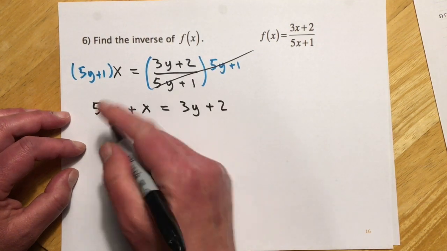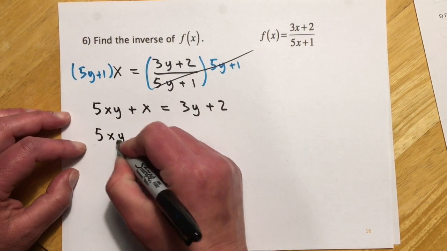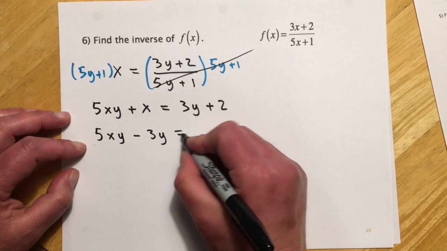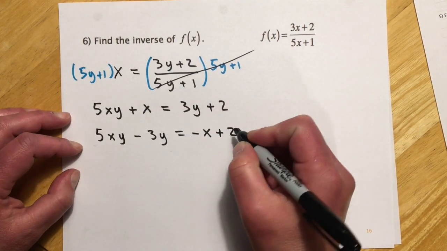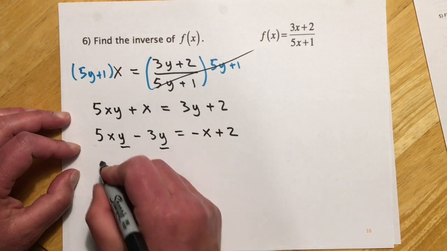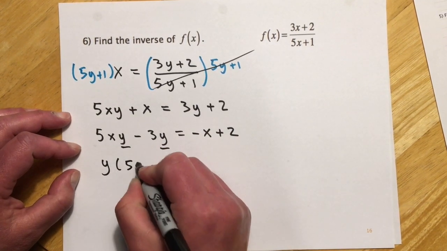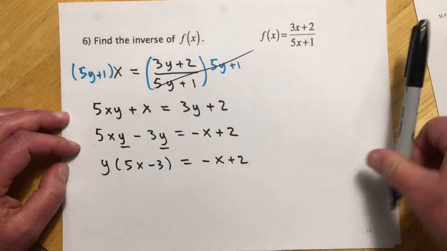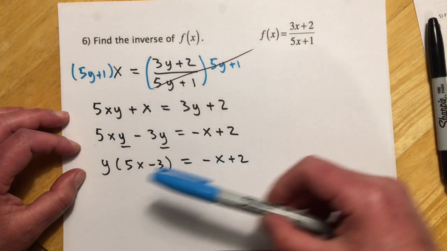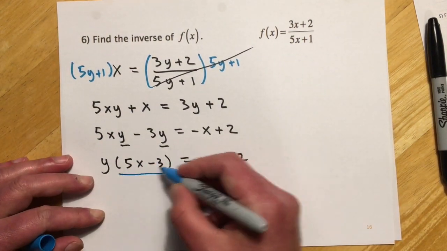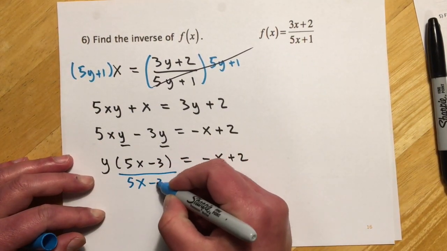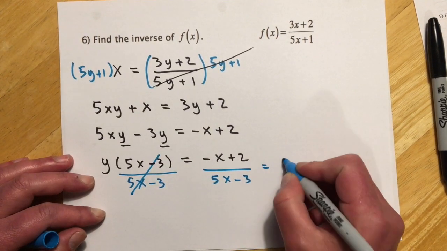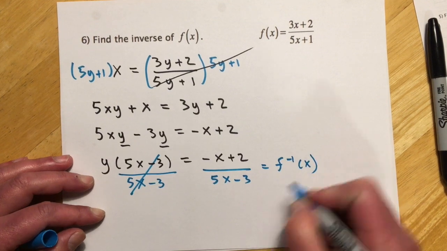So I'm going to bring this over, and then I'm going to subtract this over also. And now I have a common factor of y, so I can bring that out front. 5x minus 3. And then I just have to divide that over. And then that equals our f inverse x.